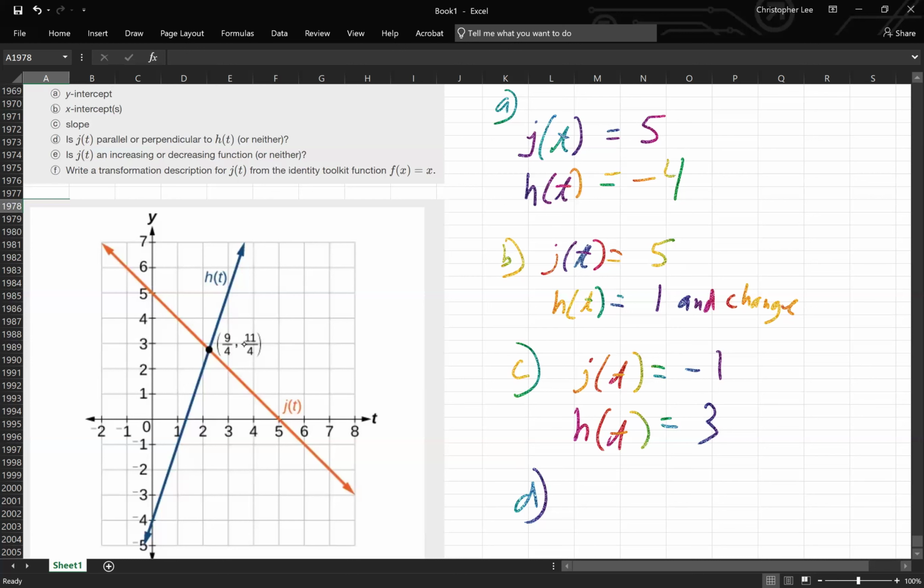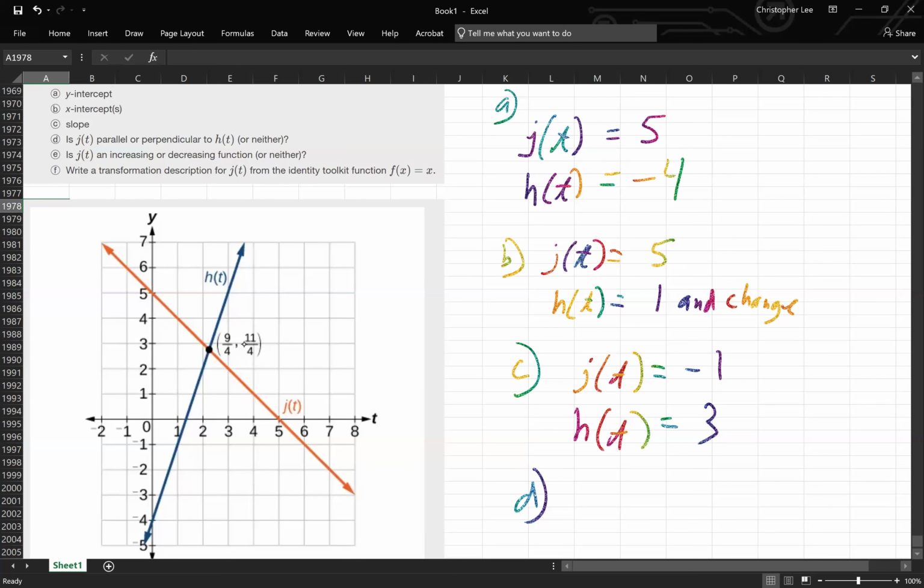Well, if the slopes were perpendicular, they would have to be negative reciprocals of one another. But they both have different slopes. So what is this? Parallel, perpendicular, or neither?